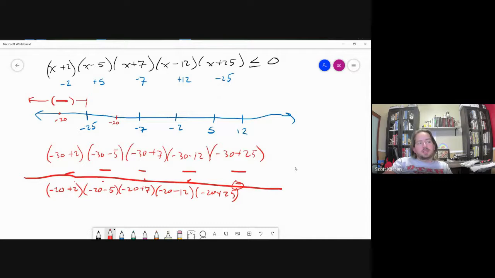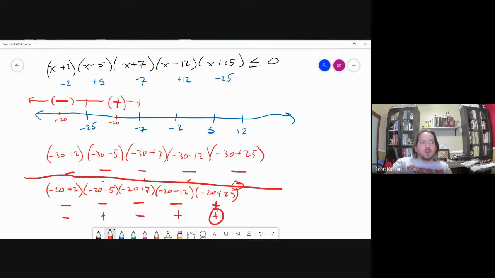But again, all I care about is the sign. So -20 plus 2, that's -18. I just care that it's a negative. -20 minus 5, -25. It's a negative. Negative, negative, but this one is positive. So I start with negative. When I multiply by the next negative, it goes positive. Multiply by a negative goes negative, and then positive, and a positive times a positive is positive. So all I care about is that in this region, it's positive, right?